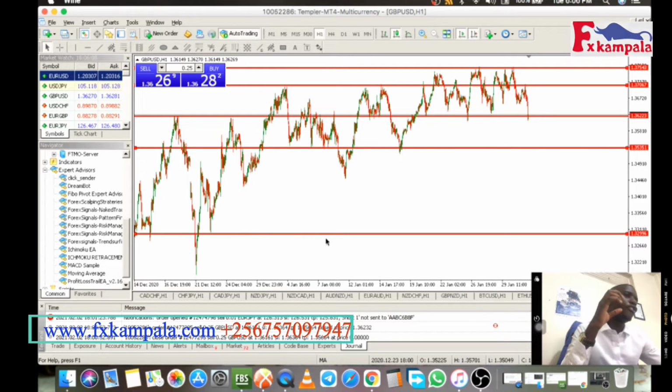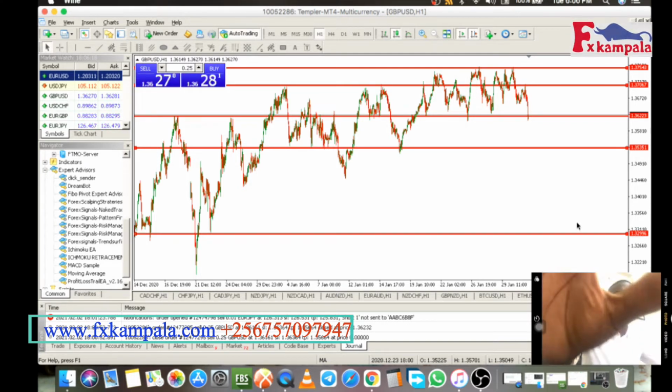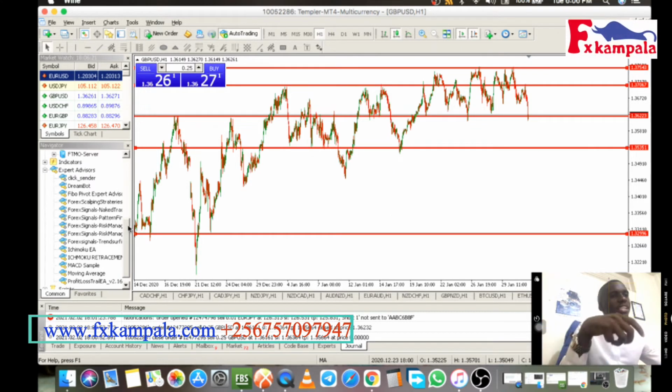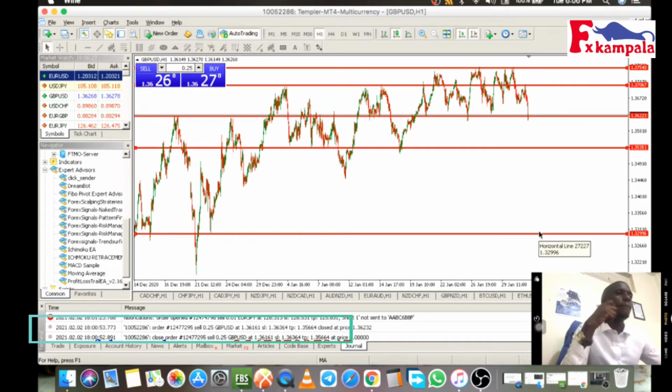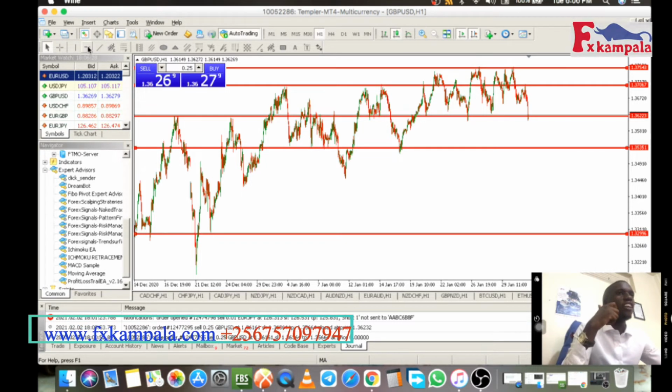Now we can draw our resistance such that when the market comes in the near future, we expect an opportunity to buy or sell because of what previously happened. Now when it touches the 3rd point, it will definitely mean that we will profit out of this because of what has happened.